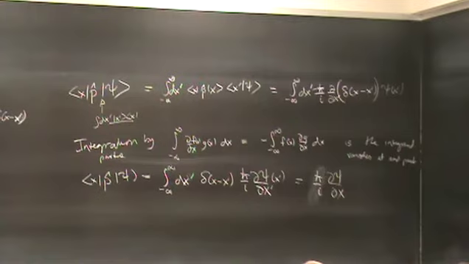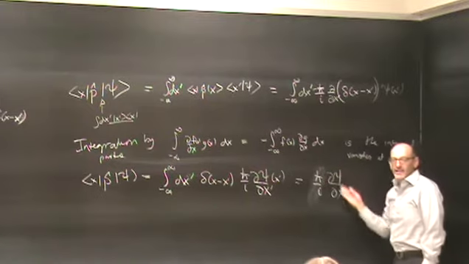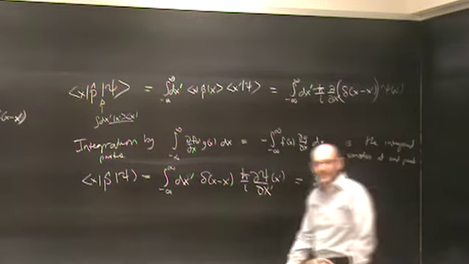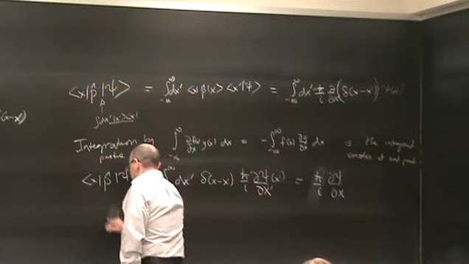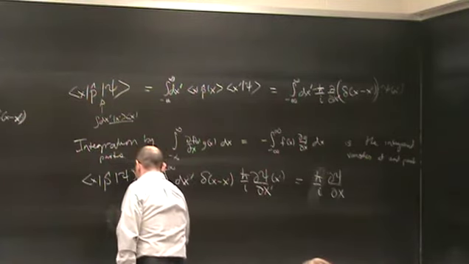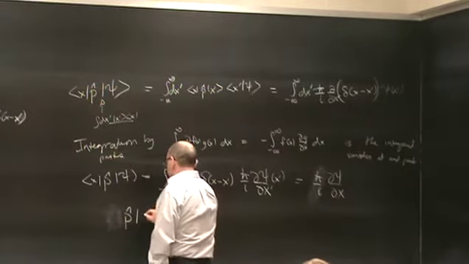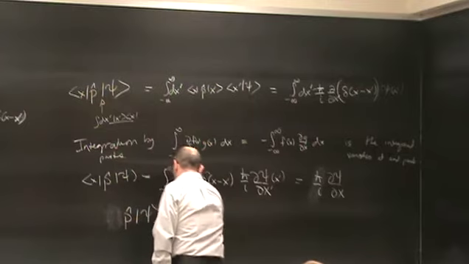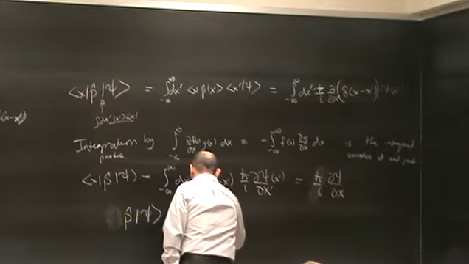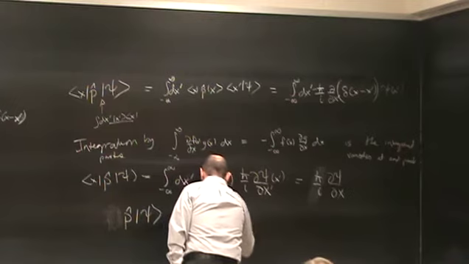So in a very long-winded way, we derived what you know. The momentum operator in wave mechanics is the derivative with respect to x with this h bar over i. So what this says is that in position space, the action of the momentum operator on a state is represented by the derivative.